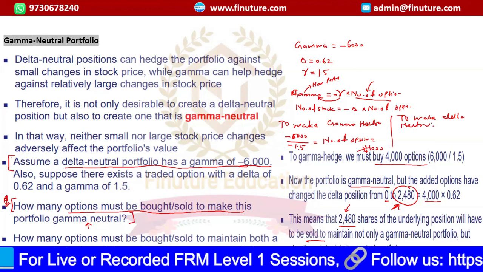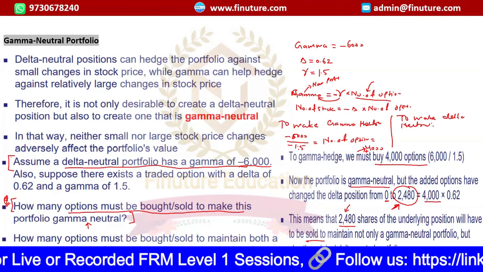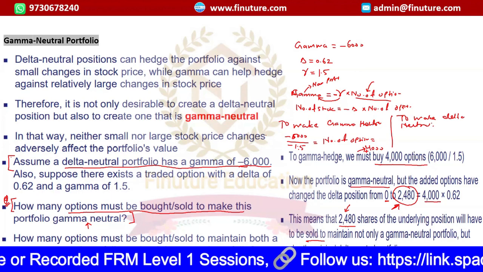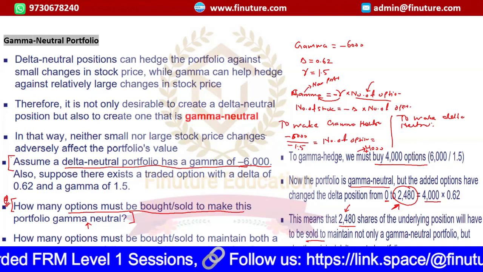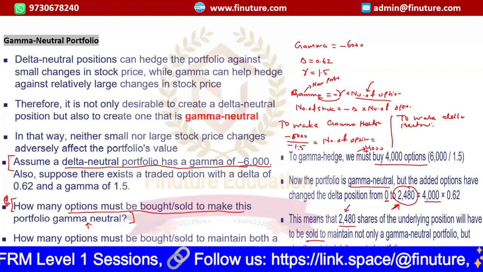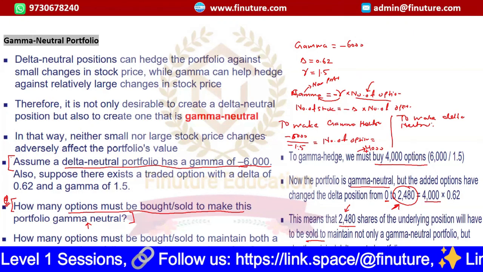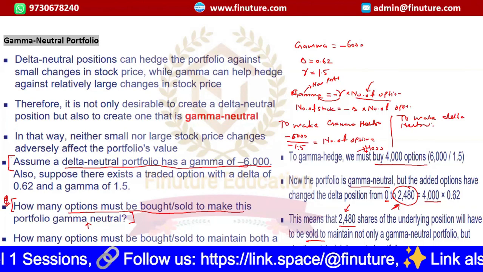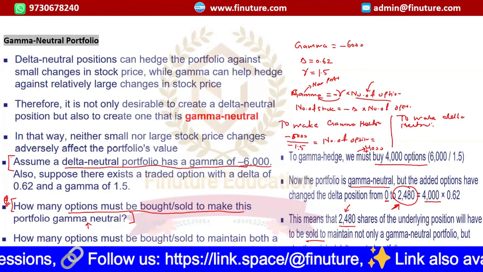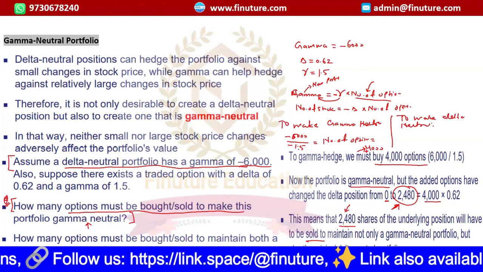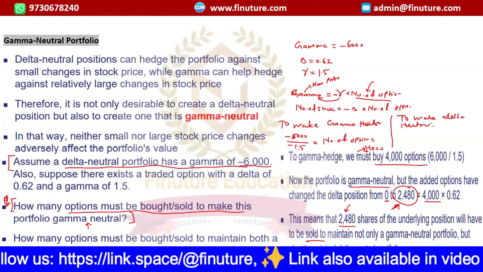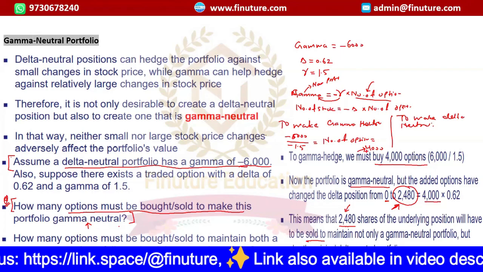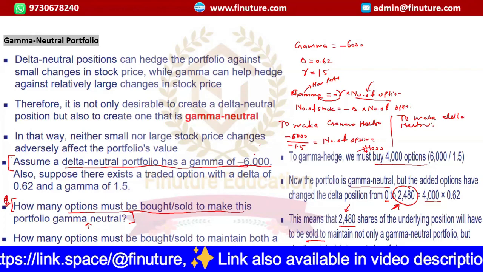When we calculated 4,000, it was gamma neutralizing your portfolio. Your portfolio is now gamma neutral. 4,000 is the number of options required to make your initial portfolio, which had a gamma of minus 6,000, gamma neutral.